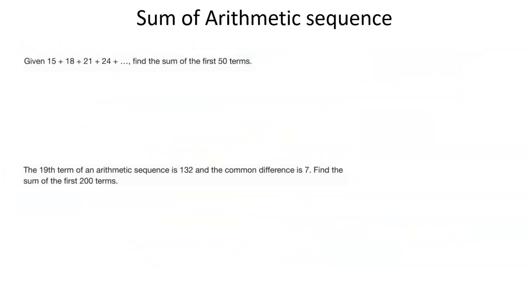So let's have a look at my 2 examples. Given this, well, we've kind of just done this example, haven't we? So 15, 18, so this is plus 3, that's the common difference, so D equals 3, A equals 15, N equals 50, and find the sum.